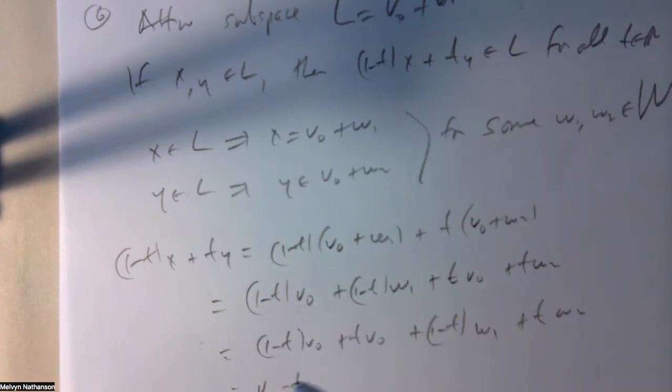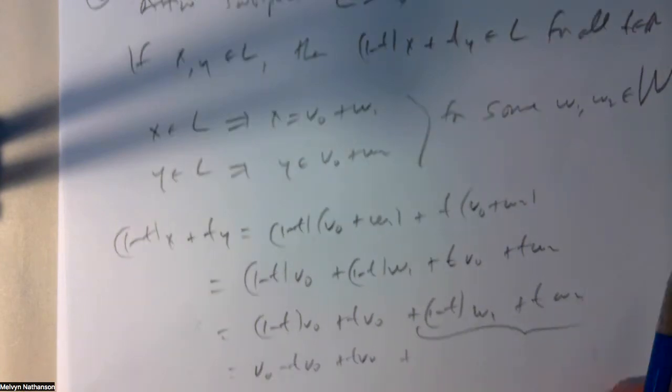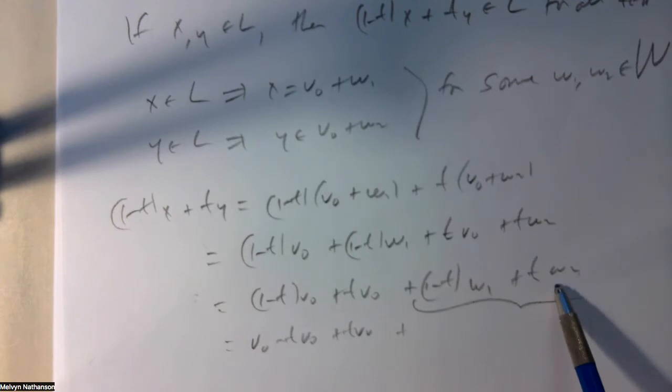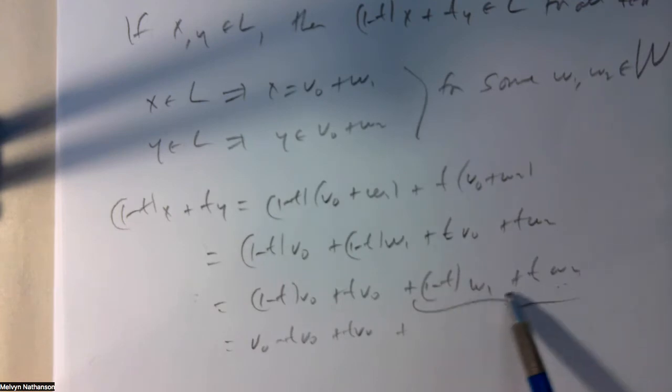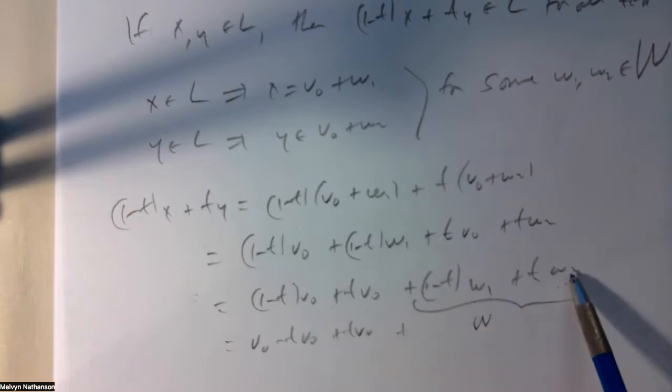This is V naught minus tV naught plus tV naught plus this. The w1 and w2 are in W, so W is closed under taking linear combinations. This is some vector w in W. And here the plus and minus tV naughts cancel.